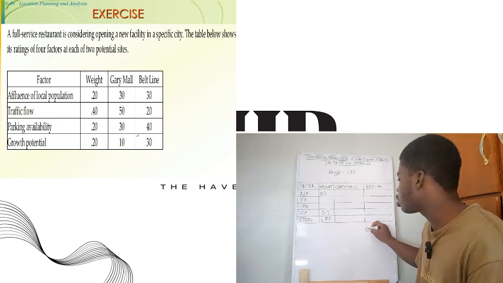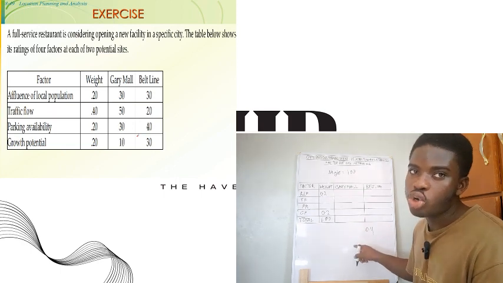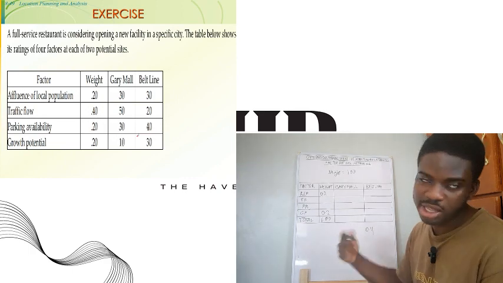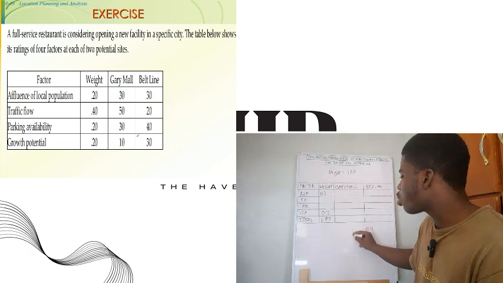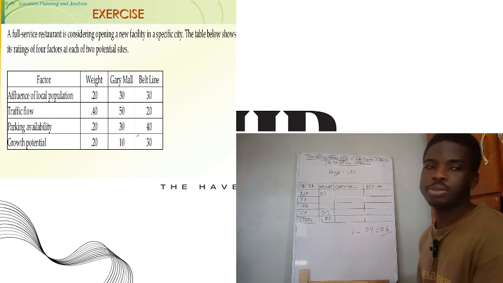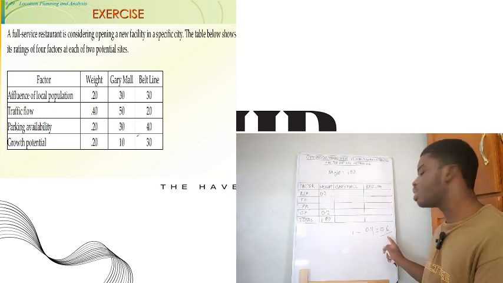The 0.4 is the weight that has already been assigned. So how many weights are left for us to assign to the factors? 1 minus 0.4 gives 0.6, meaning that the remaining factors are sharing 0.6.